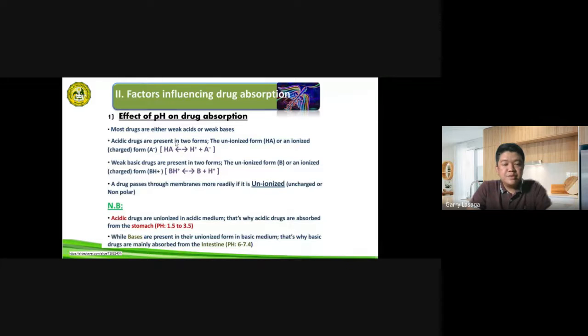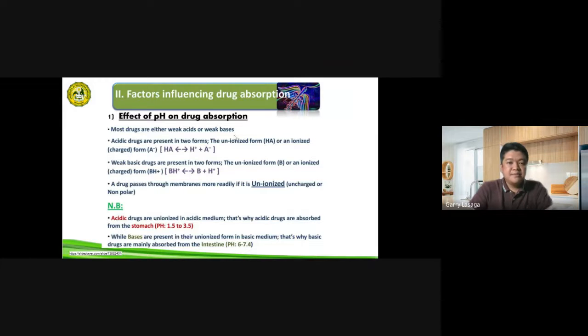That is what we mean when we say a substance is acidic. When we say a substance is basic, that particular substance has the ability to take or to accept hydrogen ions.